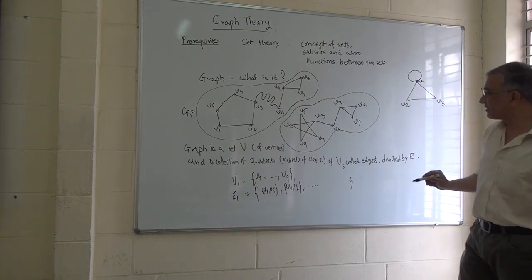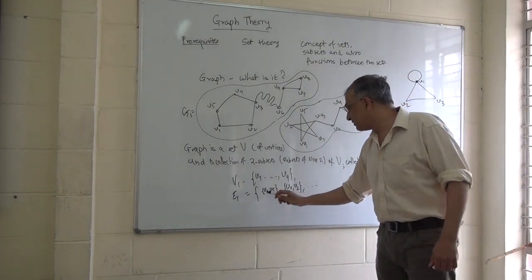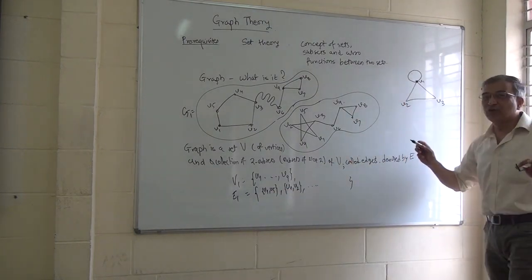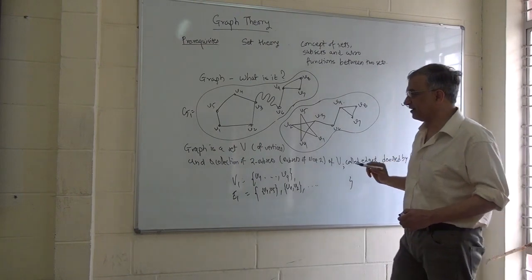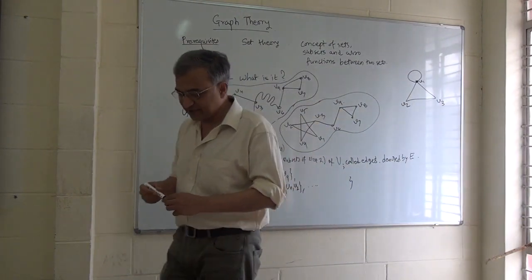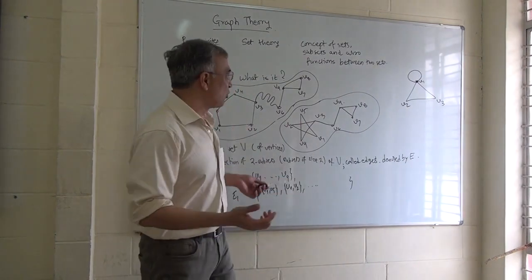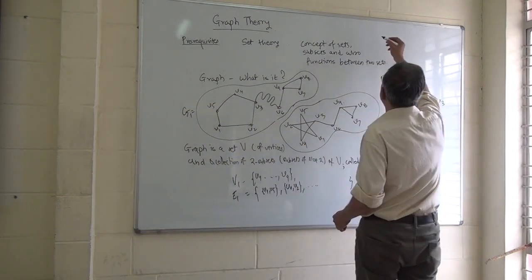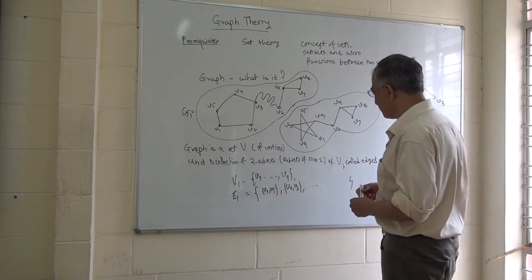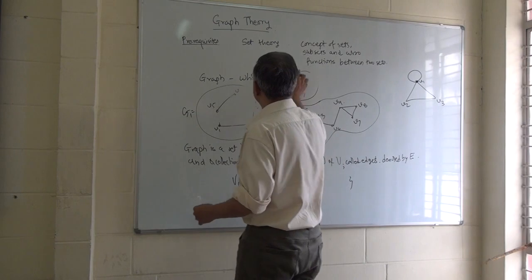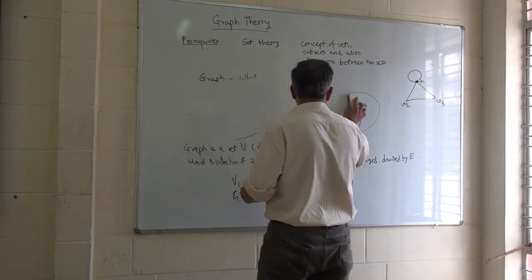If both endpoints are the same, then you won't get a 2-subset. You will get V1, V1, which is a 1-subset. But we do not consider such edges. Since it's the first approximation of the most general thing, it's called a simple graph. So let me now define a simple graph. Let me erase these drawings now.